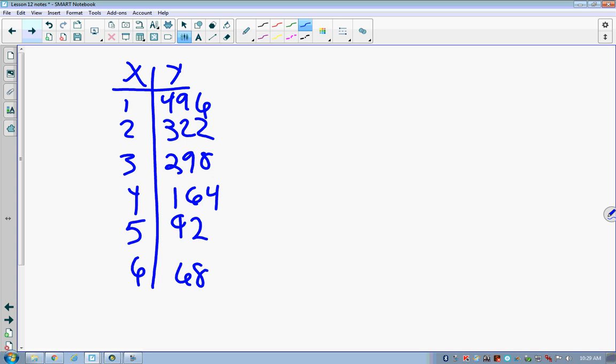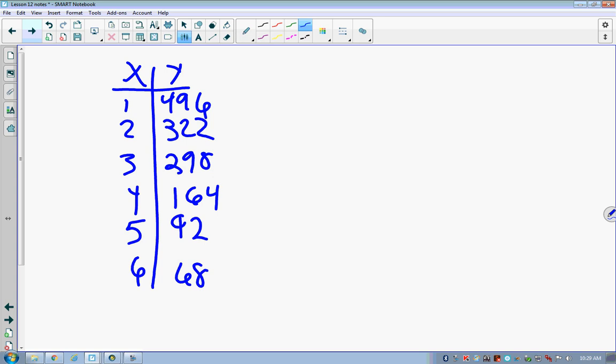They're decreasing. So would I assume that that's going to be direct variation? No, because in direct variation, as my numbers get bigger, these numbers should get bigger over here. So I would say first, this looks like it might be inverse variation, but do I still need to check? How do I check?